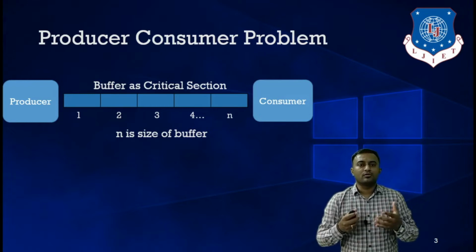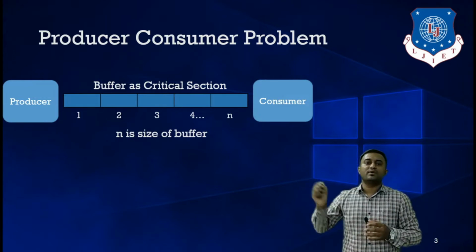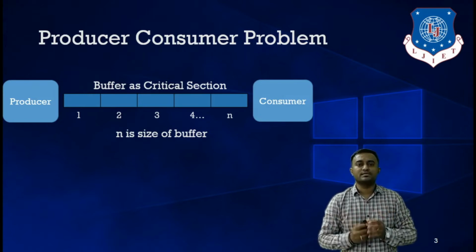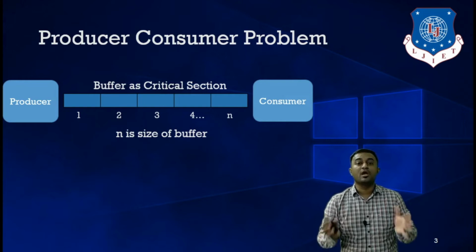To resolve the producer-consumer problem, we are going to take one buffer of size n, which you can see in this particular figure. This buffer would be treated as a critical section, and you know very well what a critical section is and how we can solve the critical section problem with the help of semaphore.